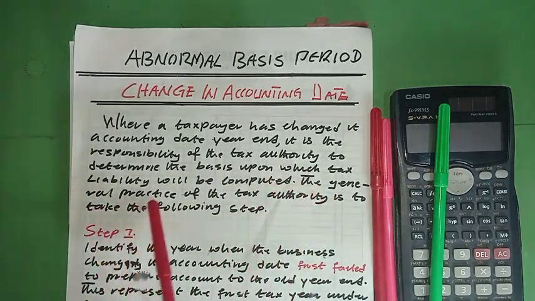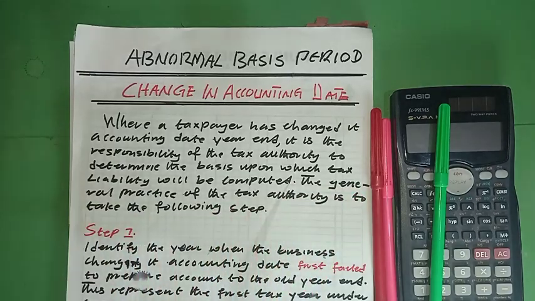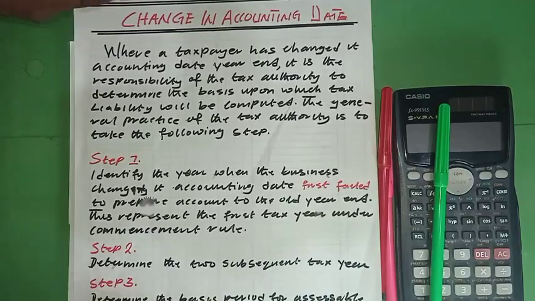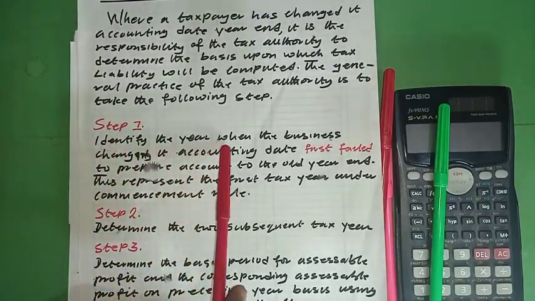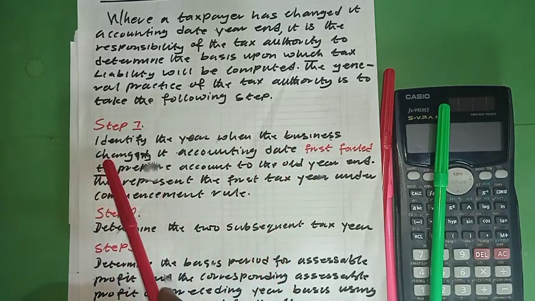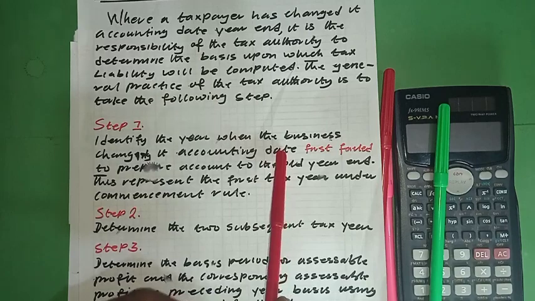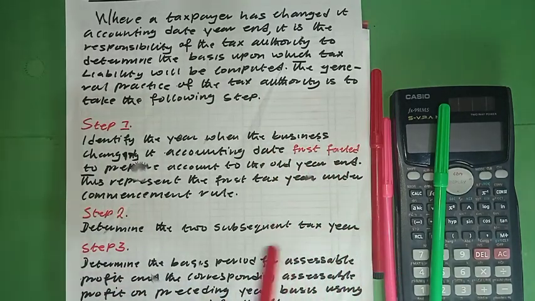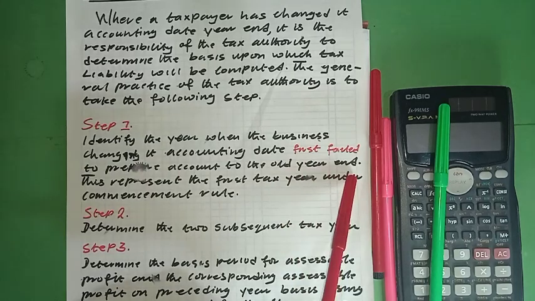The general practice of the tax authority is to take the following steps. Step one: identify the year when the business first failed to prepare the accounts to the old year end.